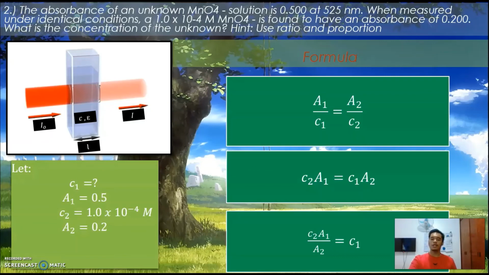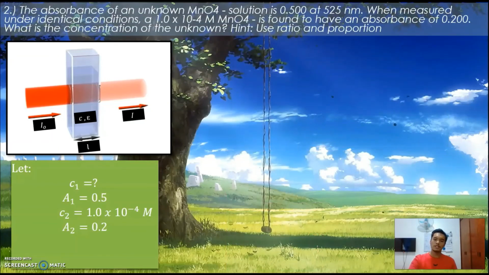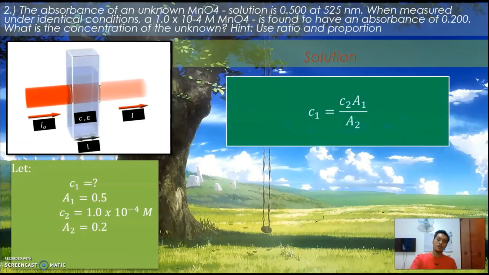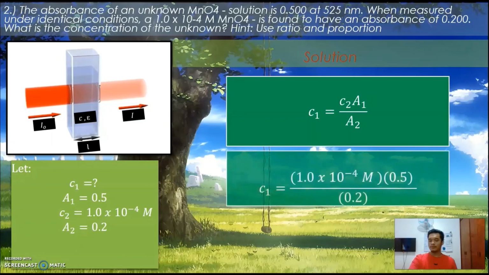And this is the formula that we will use in order to determine the first concentration that gave an absorbance of 0.5. So let's see this equation in action. C1 equals C2 times A1 over A2. As given by the variables, C2, or the second concentration, is 1 times 10 to the negative 4 molars, times the first absorbance given, 0.5, over the second absorbance given, 0.2.